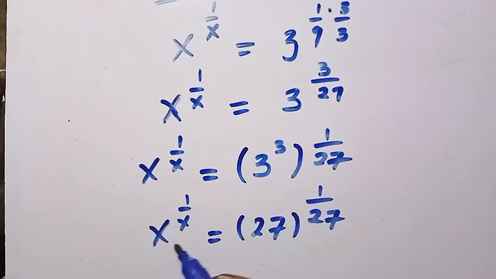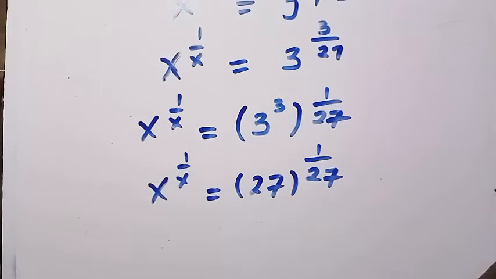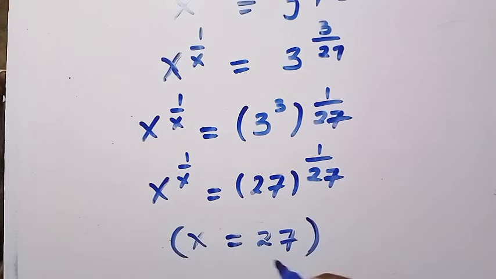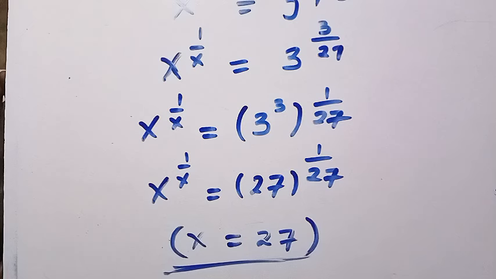And at this point, we can just compare: since x equals 27 here, and 1 over x equals 1 over 27, we get the value of x, which is 27, and 27 satisfies this problem.